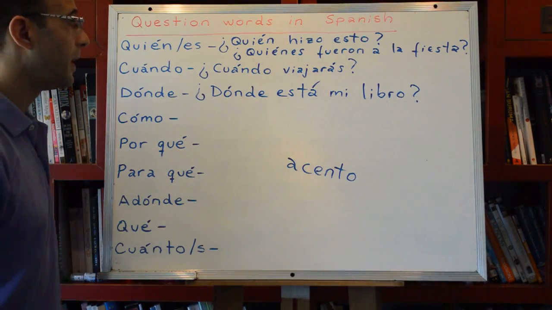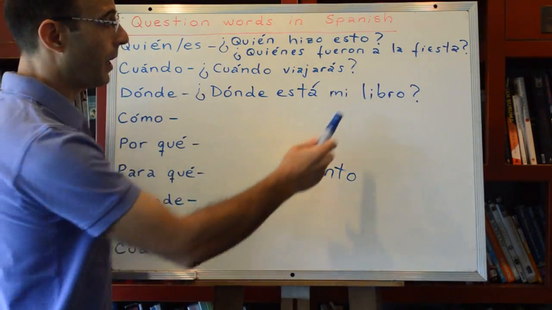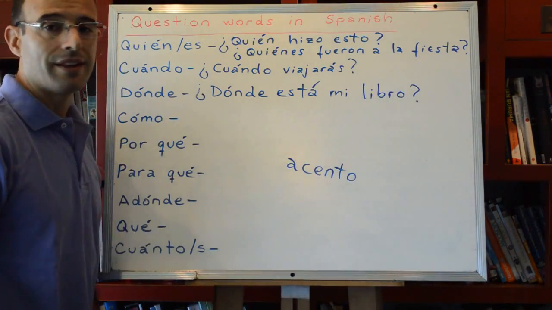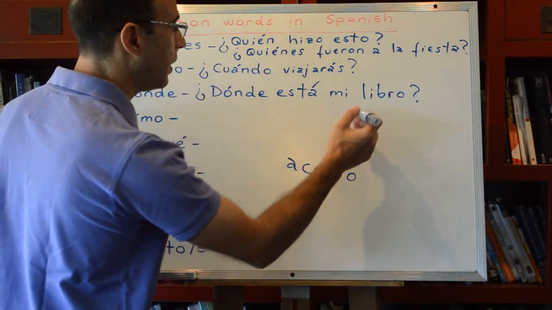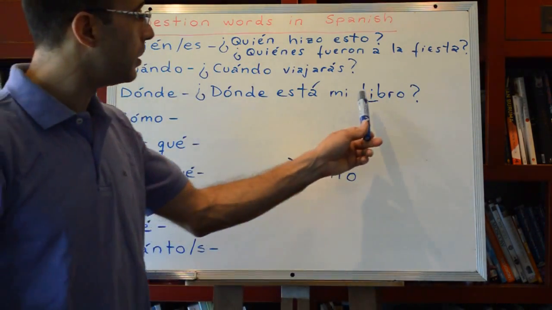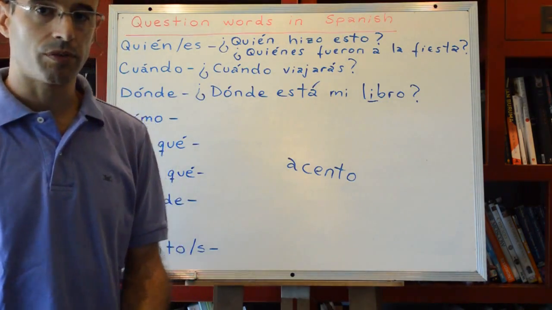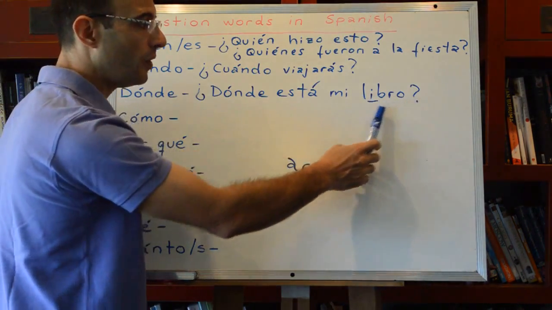For example, libro has no tilde in Spanish. However, the acento, the accent is here, on the I, because this is the vowel that carries the stress, the tone stress, right? We do not say libro, we say libro.